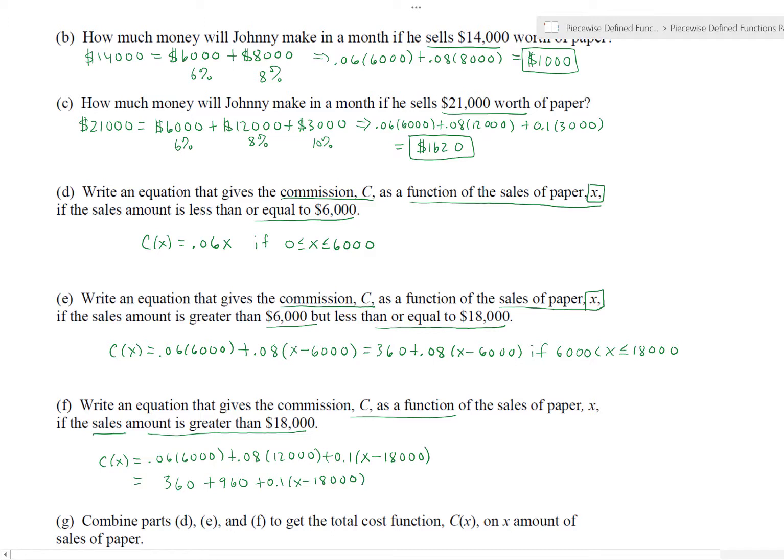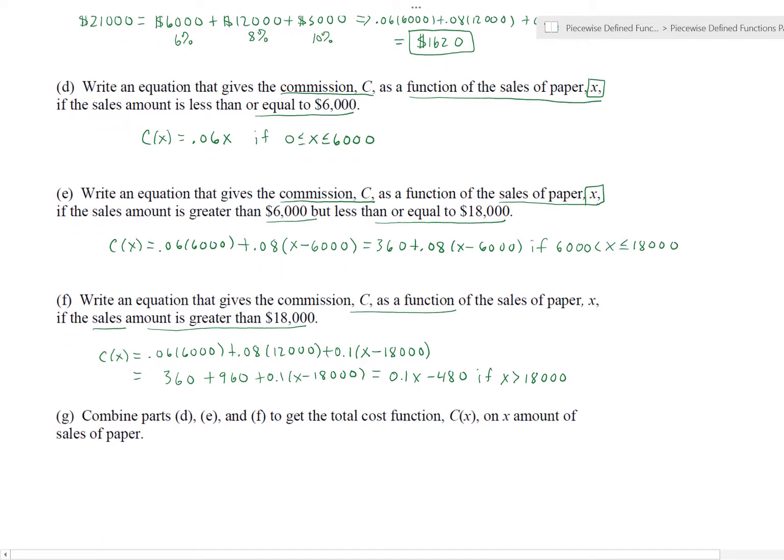And if you simplify it even further, if you wanted, you would get that this is 0.1x minus 480. So that's also distributing the 0.1 to the X minus 18,000. That's not all the way necessary, but why not? This is true for any sales larger than $18,000 in a month.